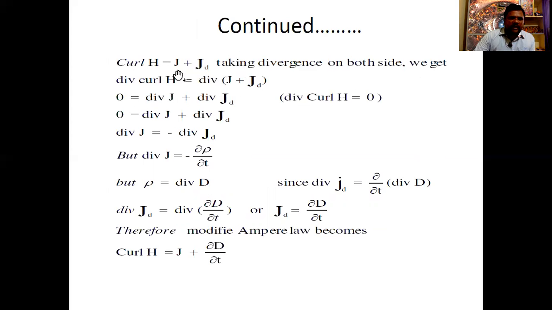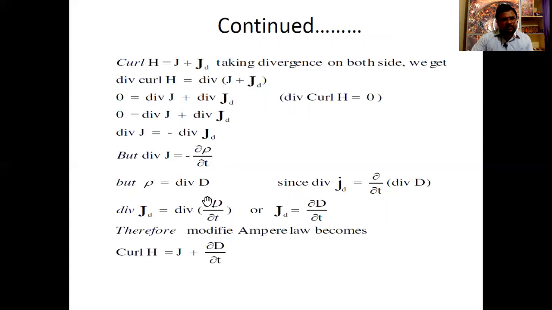So by taking divergence on both sides, we get divergence curl of H is equal to divergence of J plus JD. But as we know already, divergence curl of H is equal to 0. So 0 is equal to divergence J plus divergence JD. So both are equal but with an opposite sign, that is, divergence JD is equal to minus divergence J. But divergence J is equal to minus dou rho by dou t, because this is the continuity equation.